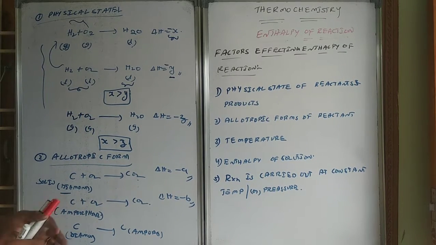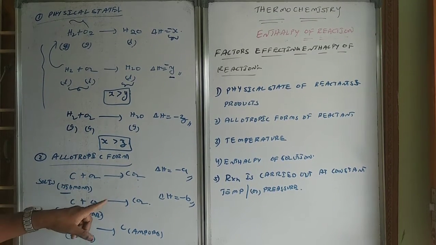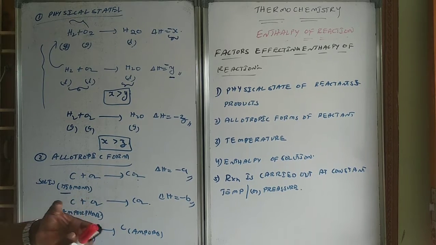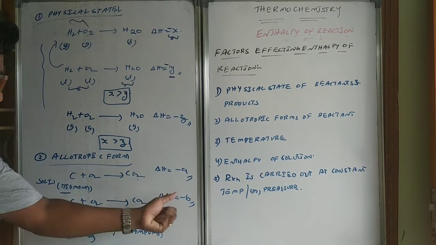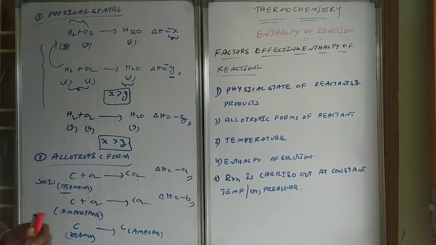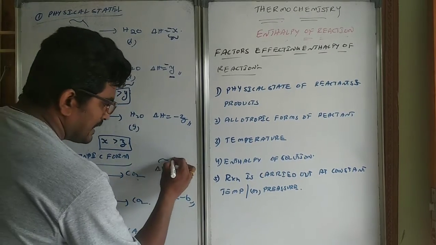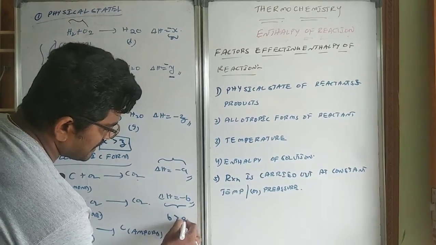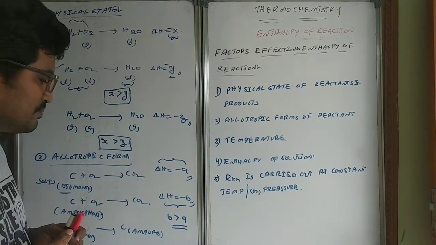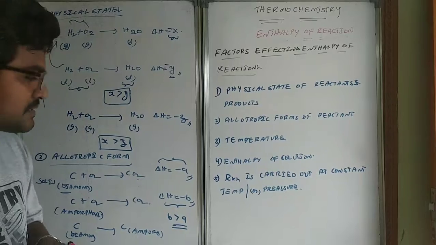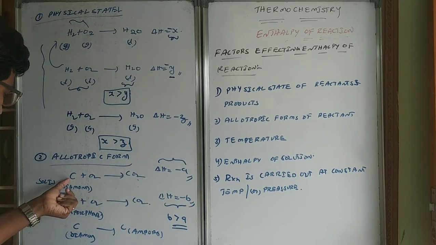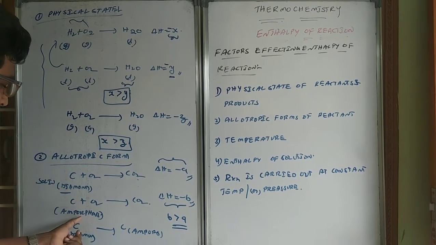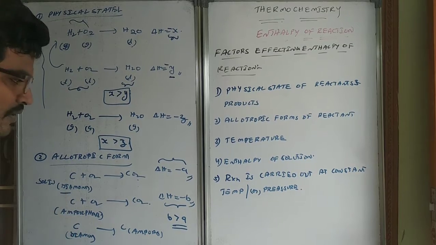So that's why when diamond is being converted into amorphous, it absorbs some amount of energy and it will release some amount of energy. So whether A is more or B is more, B will be greater than A. Why B will be greater than A means, because to convert diamond into graphite, it will absorb some amount of energy.